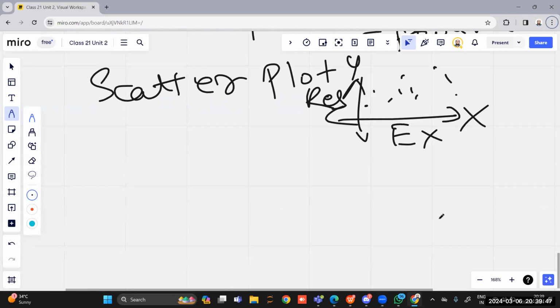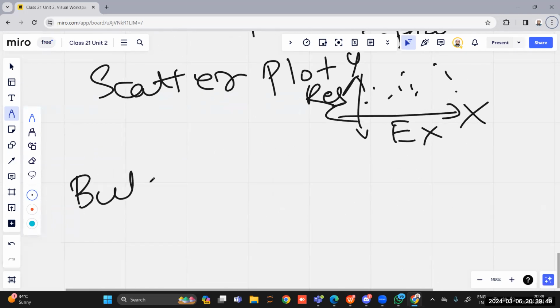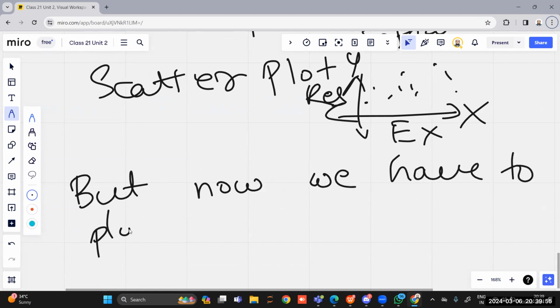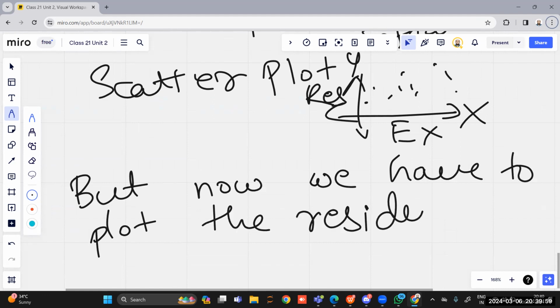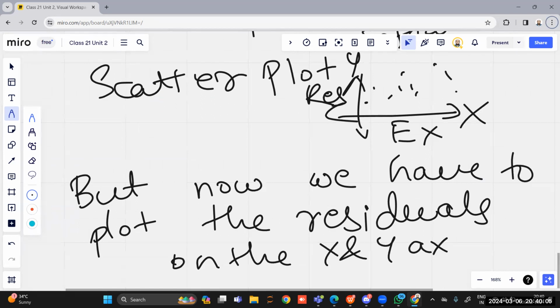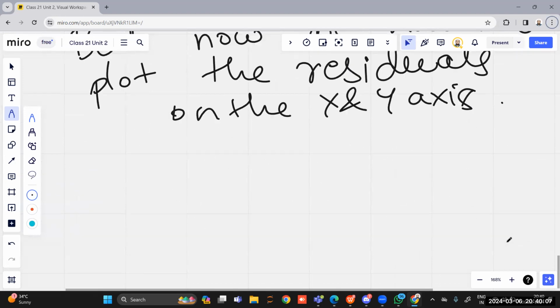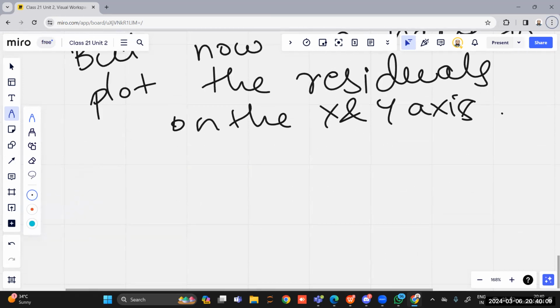But now we have to plot the residuals. So what will our graph for a residual plot be? It is very important.